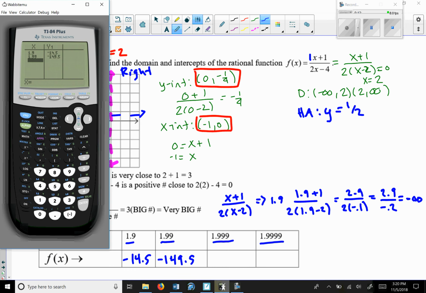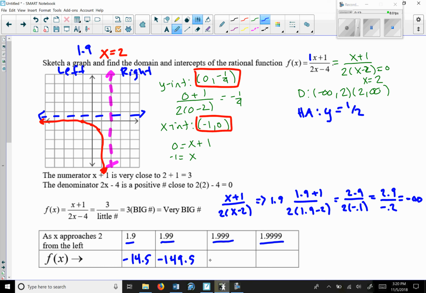Then if we did 1.999 and 1.9999, as you can see, the closer and closer we get to 2, my values are becoming larger and larger negative values. So this is negative 1,500 and negative 15,001. And so that confirms what our graph looks like as we're going down towards negative infinity.